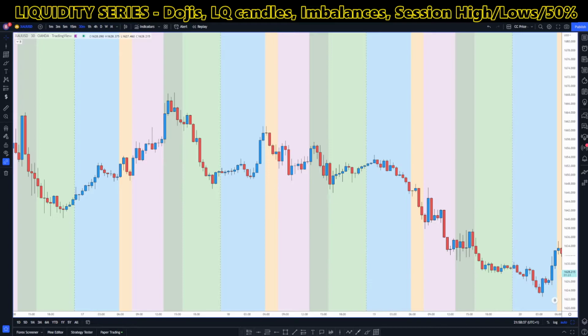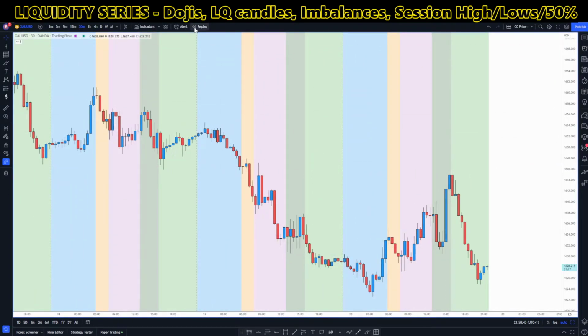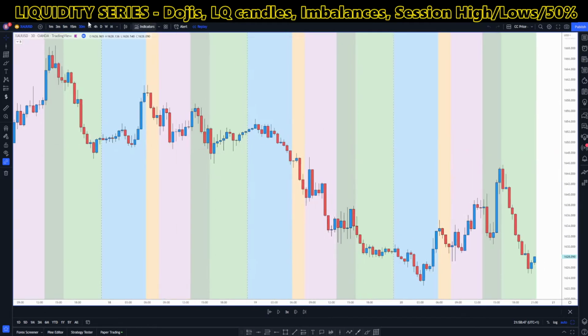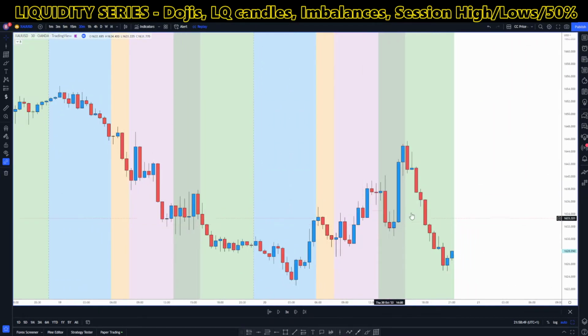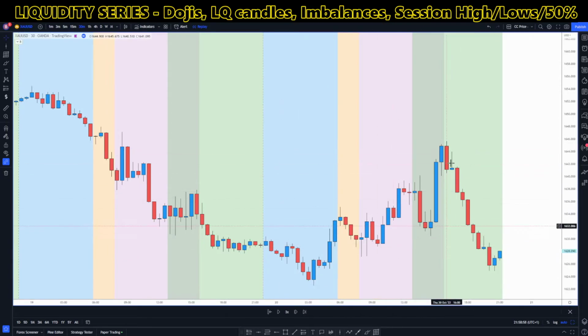When I'm looking at session highs and lows, let me go to today. I'm going to use this for example. This is today, October 20, 2022. This was the day from the start of the blue bit to here.